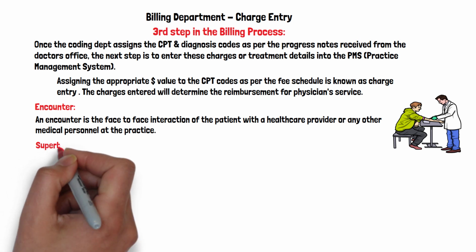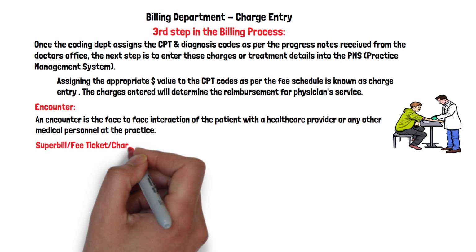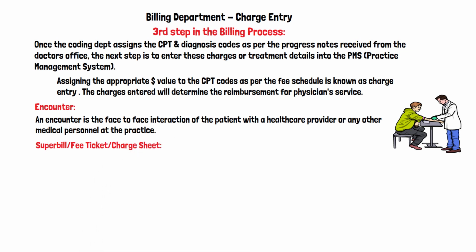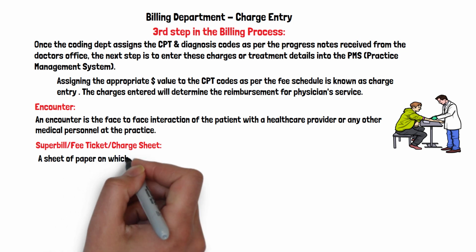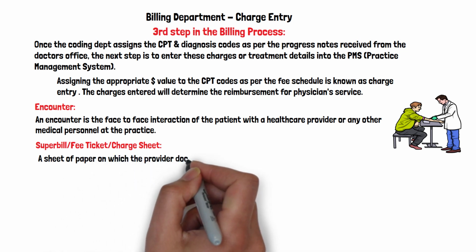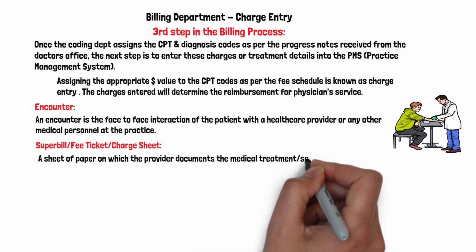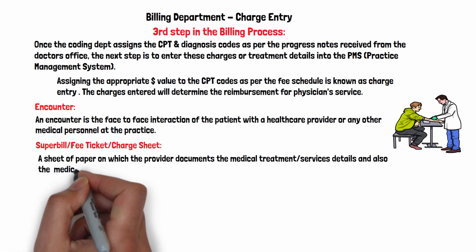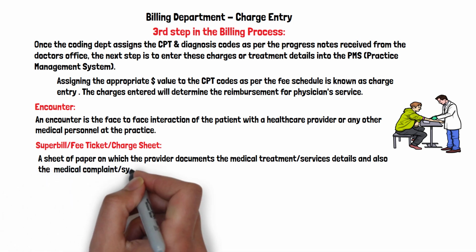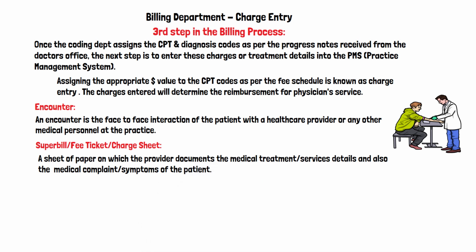Now the next one is super bill or fee ticket or charge sheet, sometimes also referred to as an encounter form. A super bill or a fee ticket is a sheet of paper on which the provider documents the medical treatment and service details and also the medical complaint and symptoms of the patient.